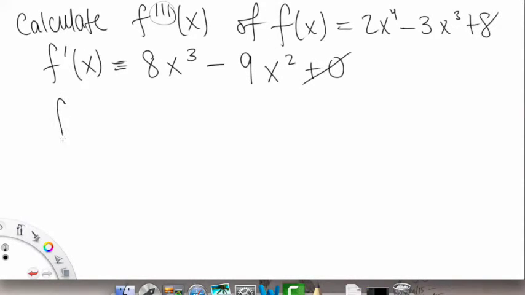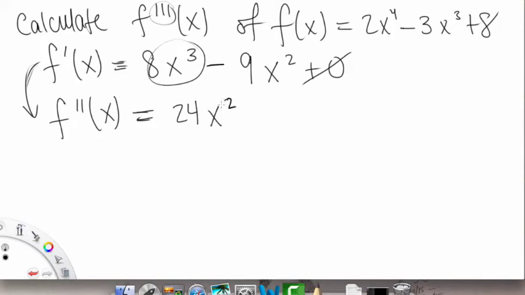Now let's move on to the double prime, the second one. We take the derivative again, using the same rules for differentiation. Here we use the power rule, so 8 times 3 is 24 when we bring that exponent down, and we have a squared left in the exponent.